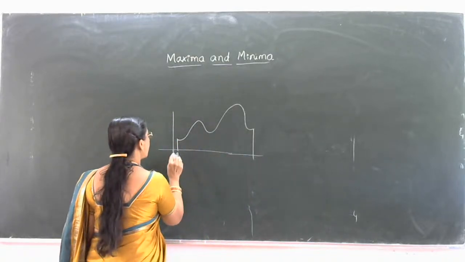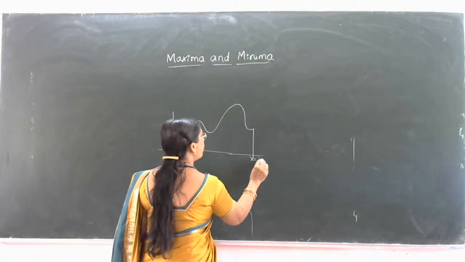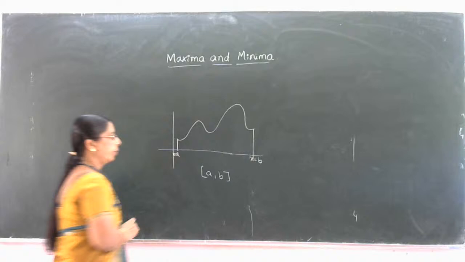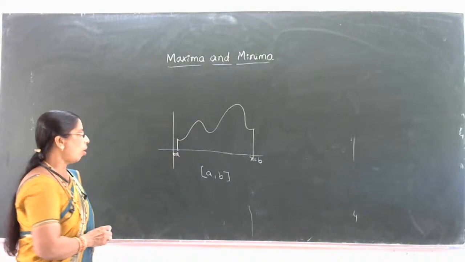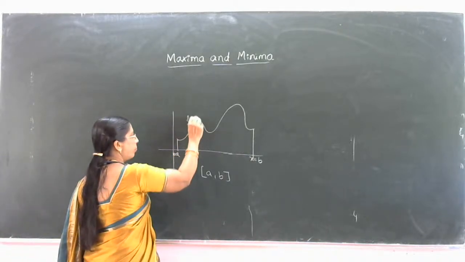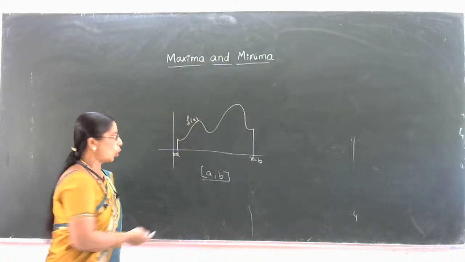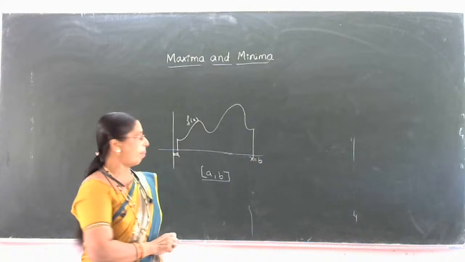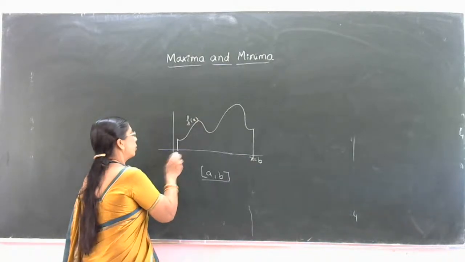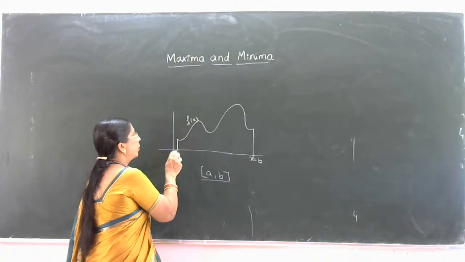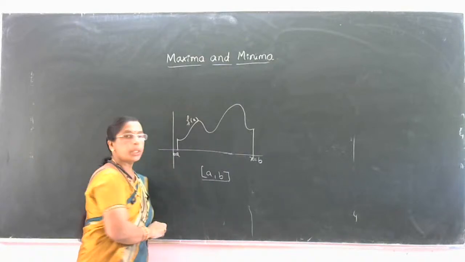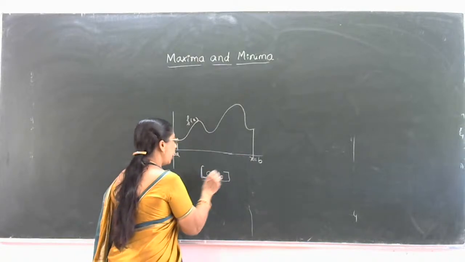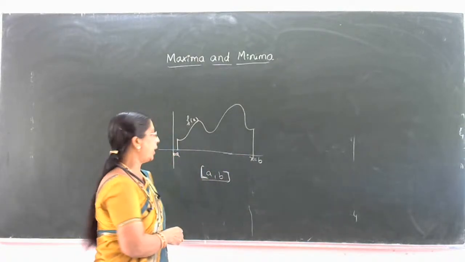If it is x equal to a and x equal to b, here we find the maxima and minima of the function f of x in the closed interval a and b. We find the maxima and minima within x equal to a and x equal to b also, because a and b are included here.